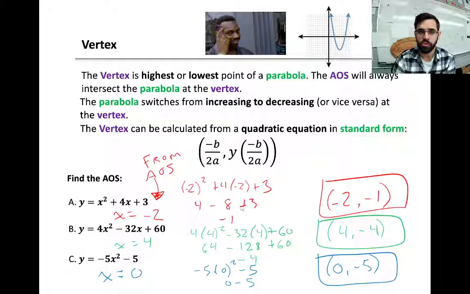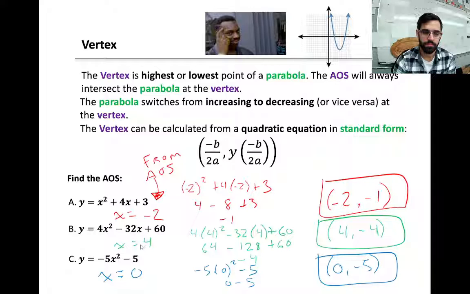That y value will be the y value of our vertex. This might look complicated, but it means just what I said. You find the negative b over 2a, plug that in. So example a is negative 2, plug that negative 2 in for x, and solve, we get negative 1. So y of negative b over 2a is just negative 1.